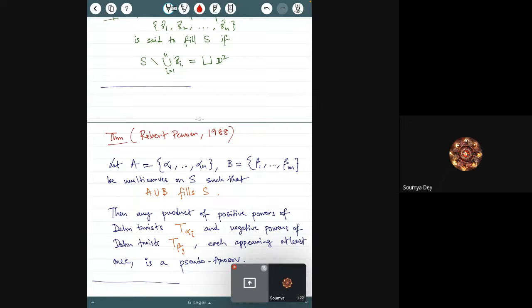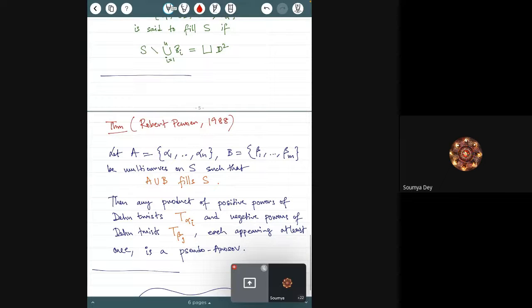The alpha 1 to alpha n are disjoint, this is given. And all the beta i's are disjoint among themselves. But when you combine them, they may not be disjoint. Some alpha i may intersect some beta j. That is allowed. So the assumption is A union B fills your surface S.